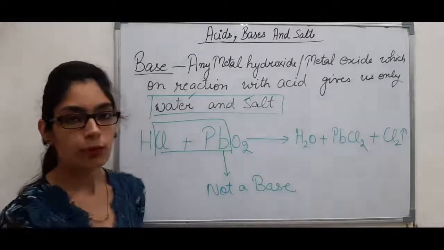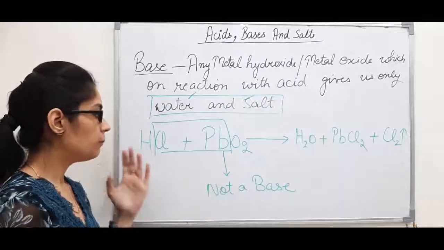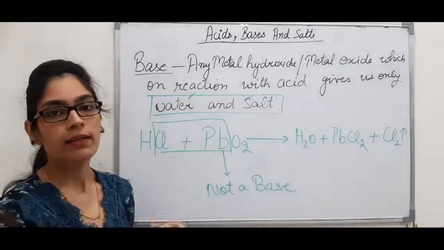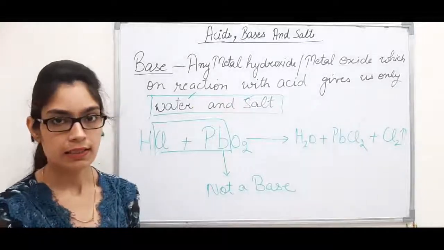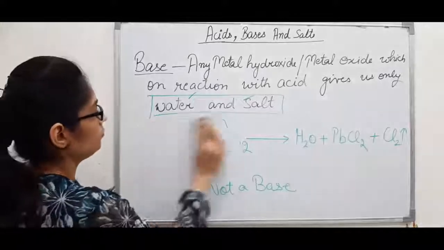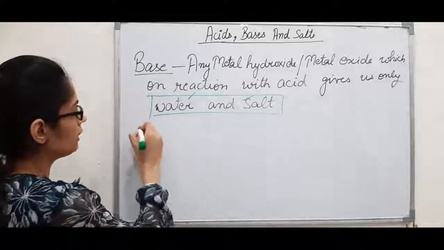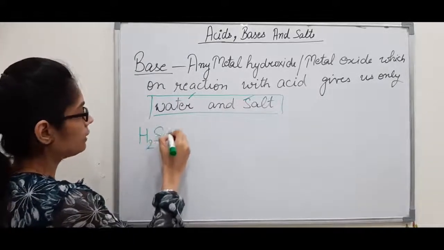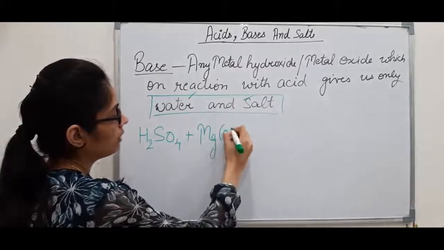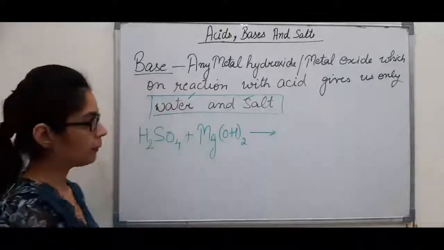You always have to remember, when a metal oxide or metal hydroxide reacts with an acid, if it gives only two products, then that metal oxide or hydroxide is a base. Let's take one more example, with a metal hydroxide. I'll take sulfuric acid, H2SO4, plus magnesium hydroxide.